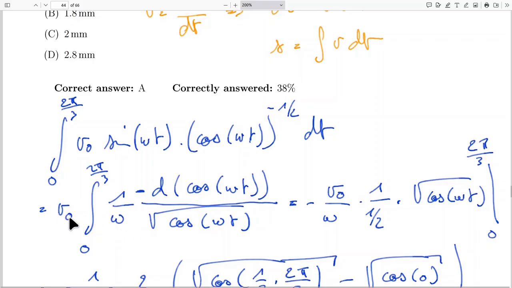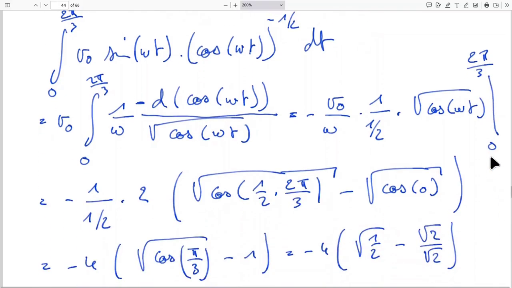And of course v0 is a constant, so we can put that in front. So we get minus v0 over omega, and then that is du over the square root of u, so that gives you 1 over 1/2 times the square root of cosine omega t between 0 and 2 pi over 3.